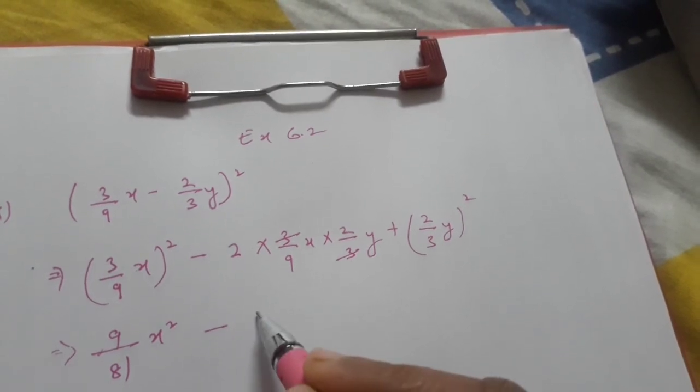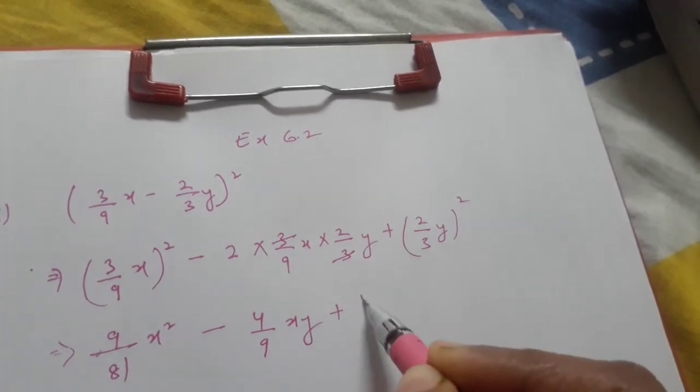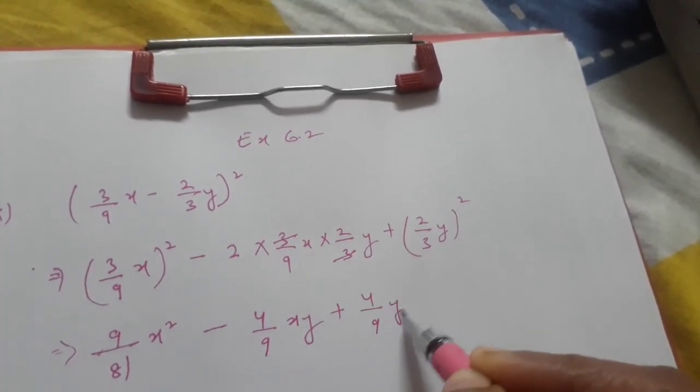So 2 twos are 4 by 9xy plus 2 twos are 4, 3 threes are 9y².